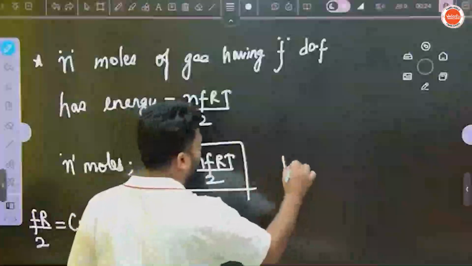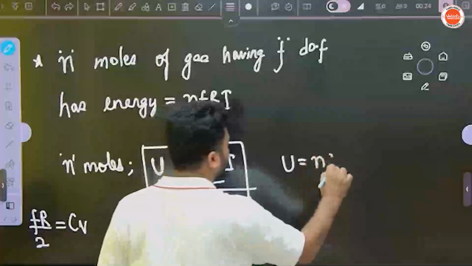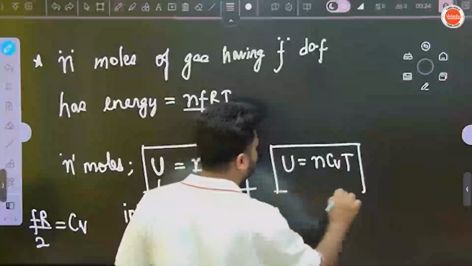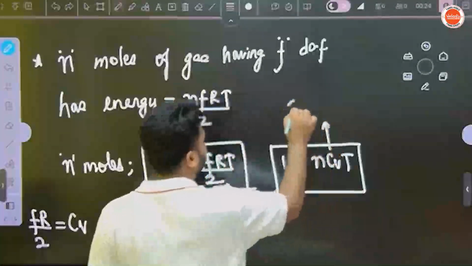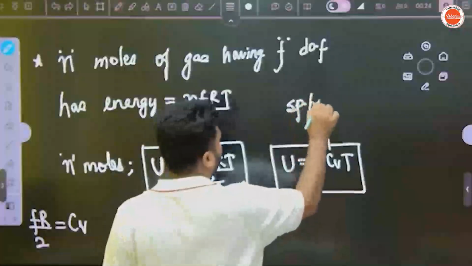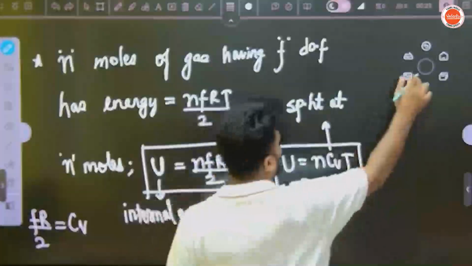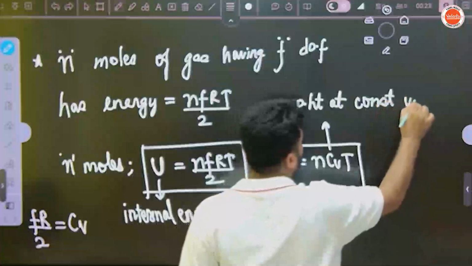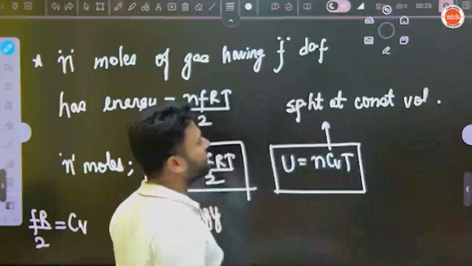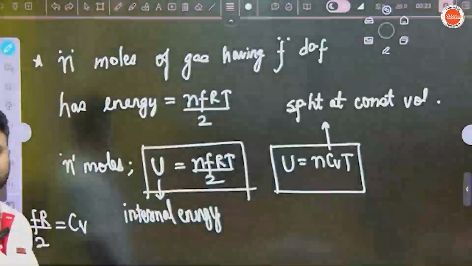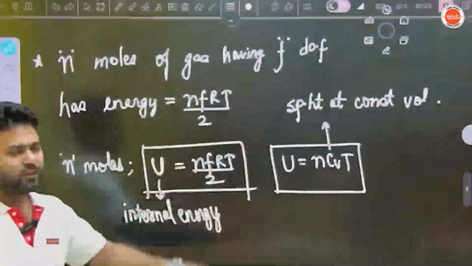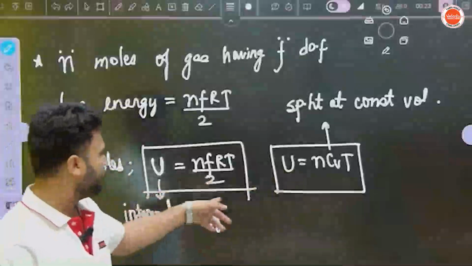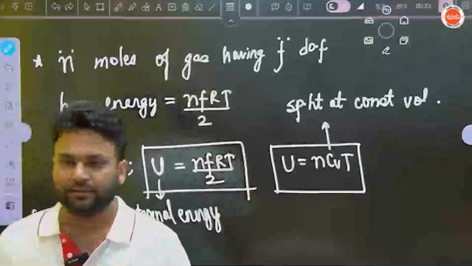So we can write U equals n Cv T. We can write like this also. Okay, so these two formulas are very important: U equals n f R T by 2 or n Cv T. Correct?